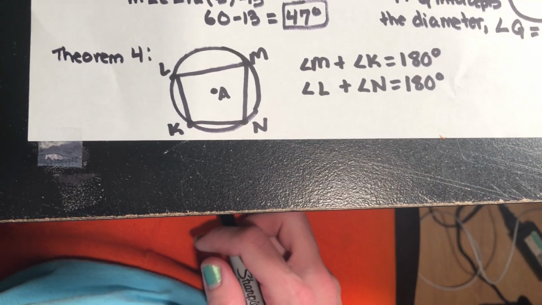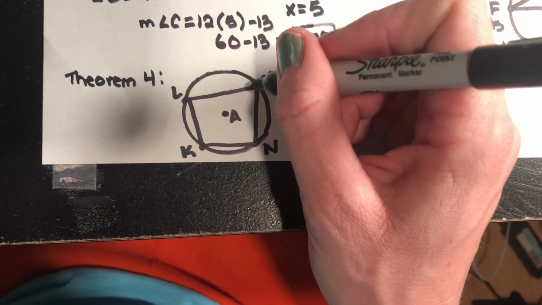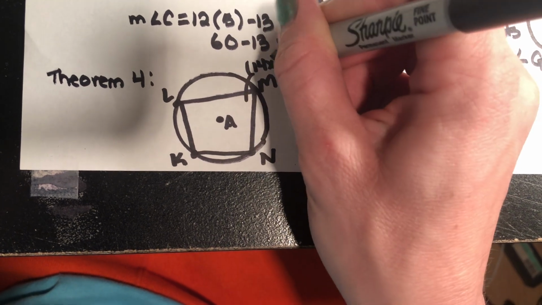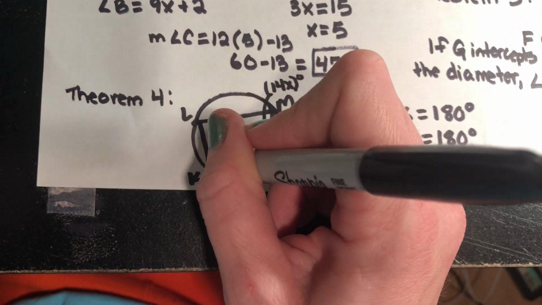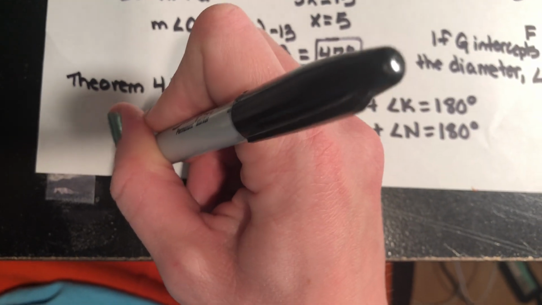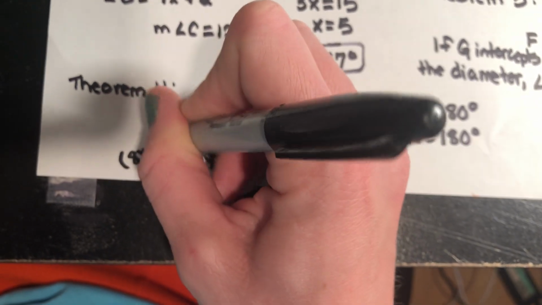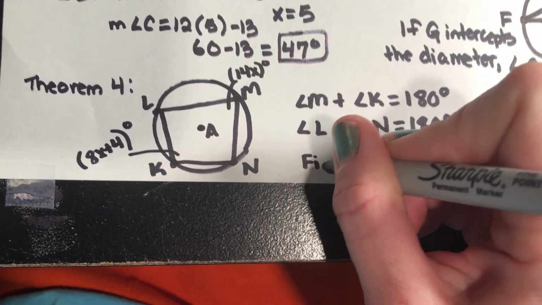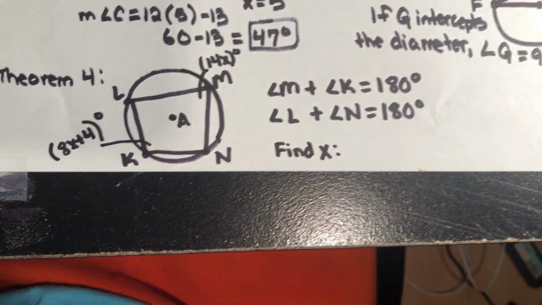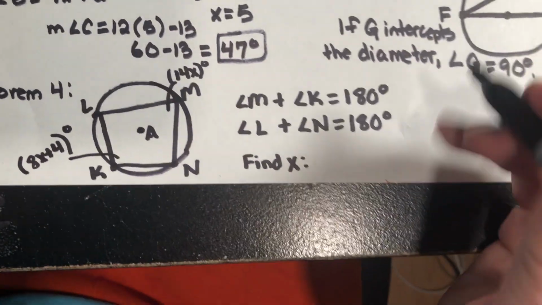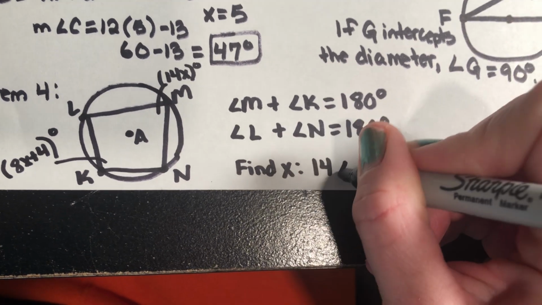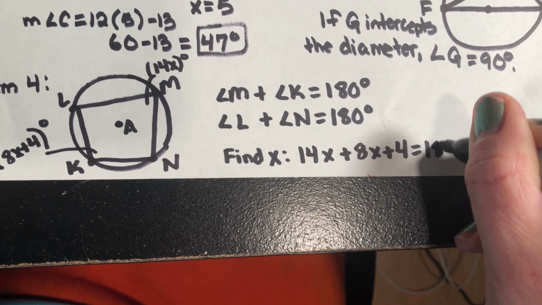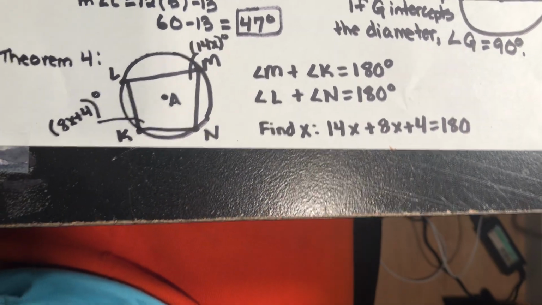For example, let's say angle M is 14x degrees and angle K is 8x plus 4 degrees. If you wanted to find x, because that's what we always do in geometry here in algebra, we're going to add 14x plus 8x plus 4 and set that equal to 180.